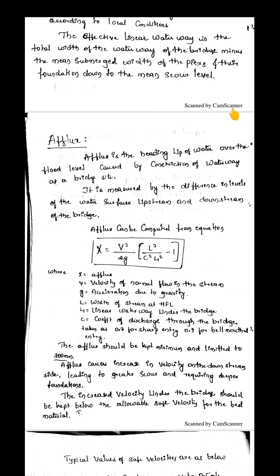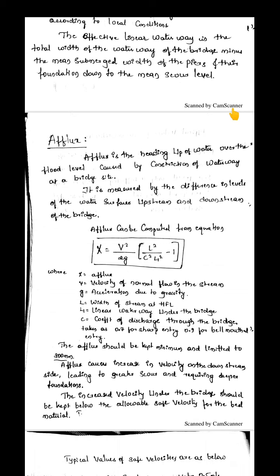It is flowing with a certain velocity; when the obstruction comes, the velocity reduces, and the depth of the water increases. That rise in depth is called afflux. It is measured by the difference in level of the water surface upstream and downstream of the bridge.